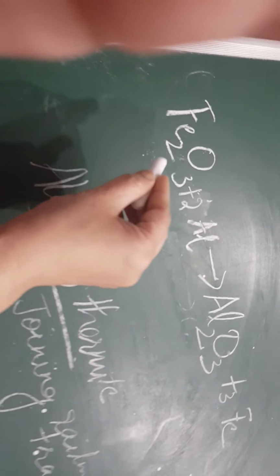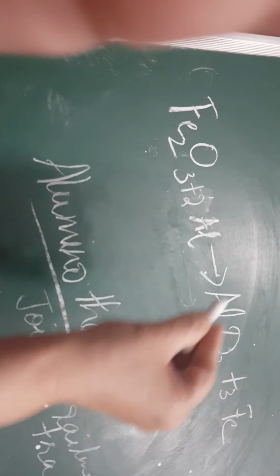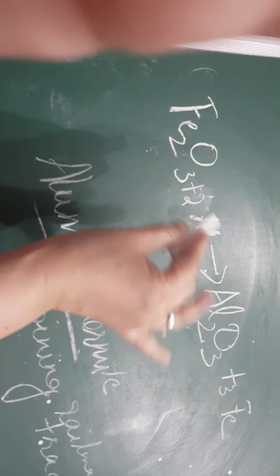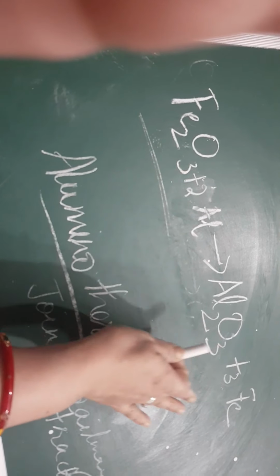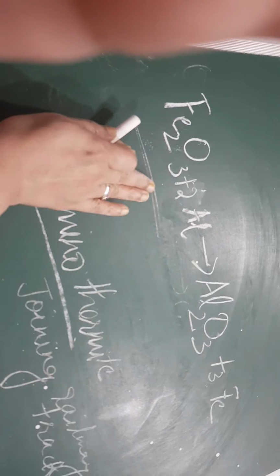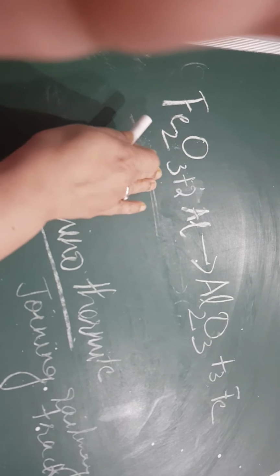Now you have to identify which one is the oxidizing agent and which one is the reducing agent. First of all, focus on the reactant side, not the product side. Your oxidizing agent and reducing agent both are present on the reactant side.